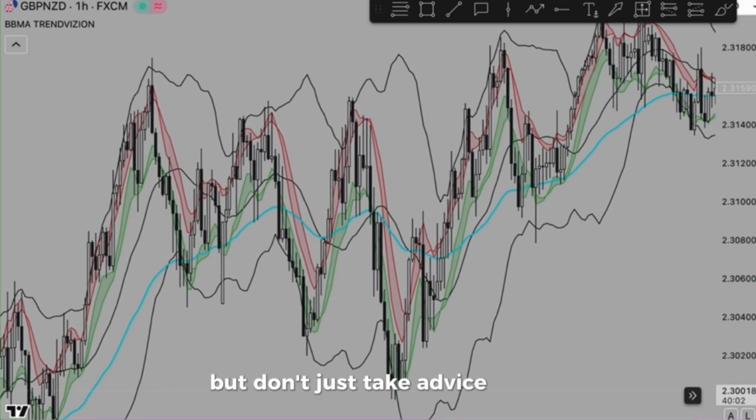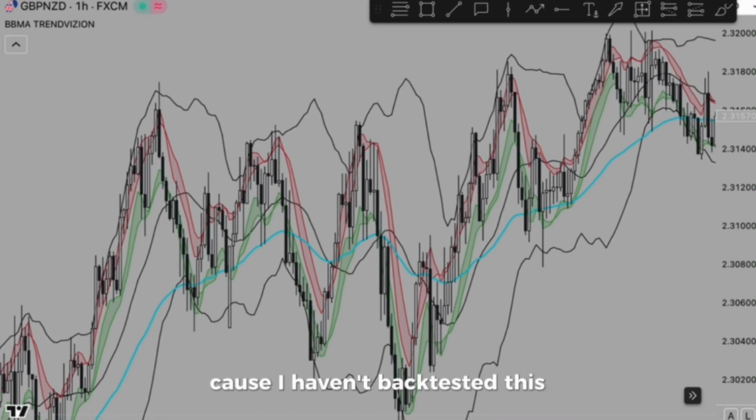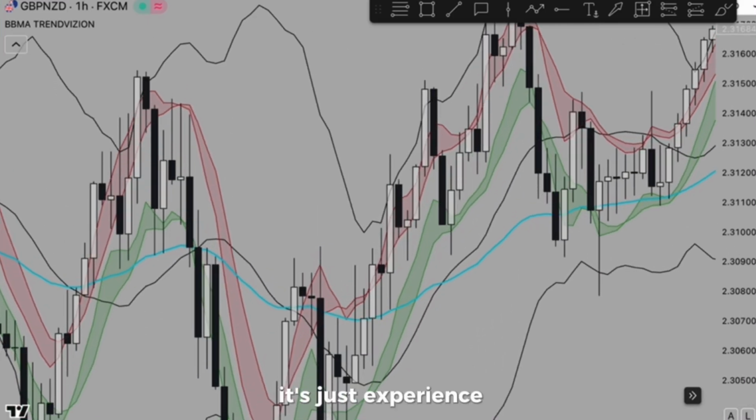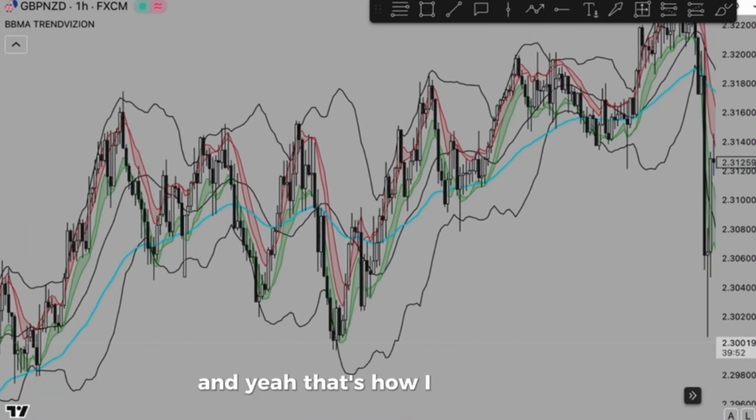But don't just take advice from me, backtest this all yourself, because I haven't backtested this exact thing, it's just experience. And that's how I would have taken a trade on that re-entry right there.